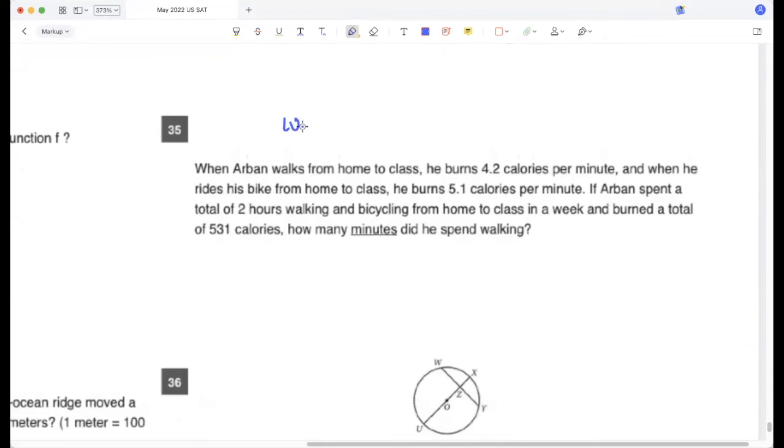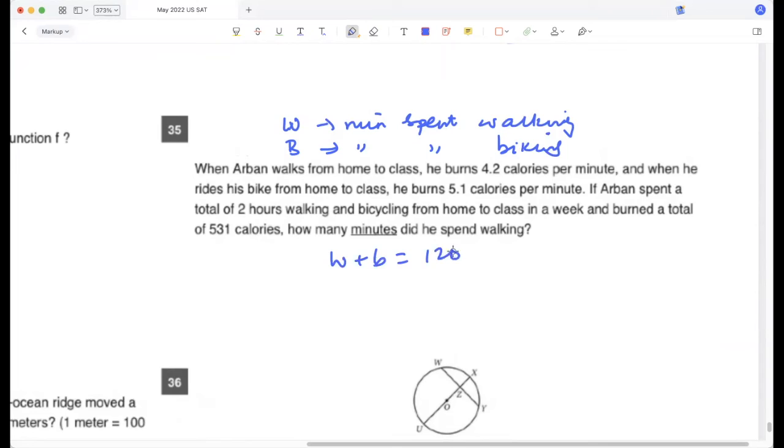So let W be minutes spent walking and B be the minutes spent biking, right? So W plus B is 120 because he spent a total of 2 hours. And 4.2W plus 5.1B is 531. Now we have to find W.